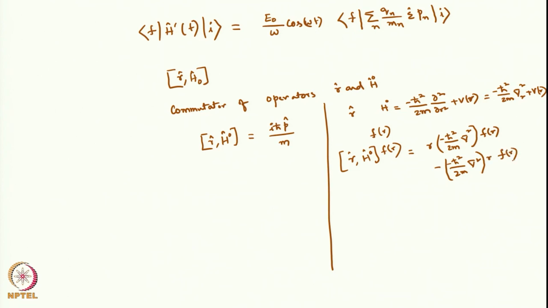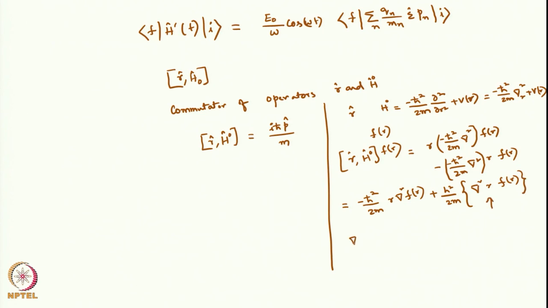Okay. Now, take the first term. That is going to be minus h bar square by 2m, because it is constant, R times del square f of R. Now, the second one is minus of this minus, so this will be plus h bar square by 2m del square R f of R. Now, I am just going to evaluate this.